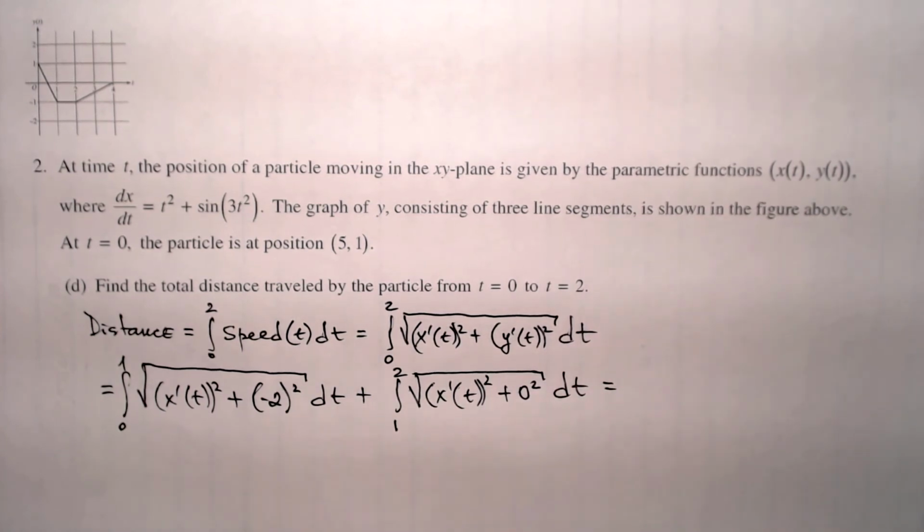And so let's use the calculator to calculate this expression and this expression and add them, and to get the answer for the total distance traveled by the particle from time t equals 0 to time equal 2.